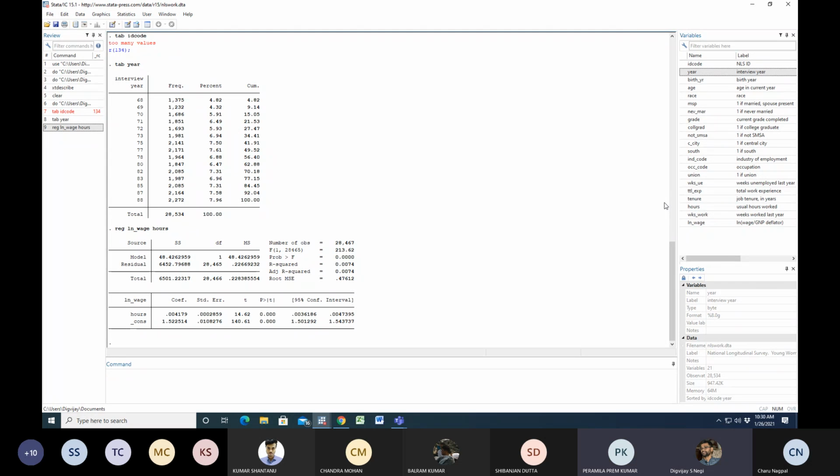Why would you like to study this? There can be a variety of reasons. If you find that working more gives you higher wage, then in terms of policy, what can you say? You can say increase work hours.